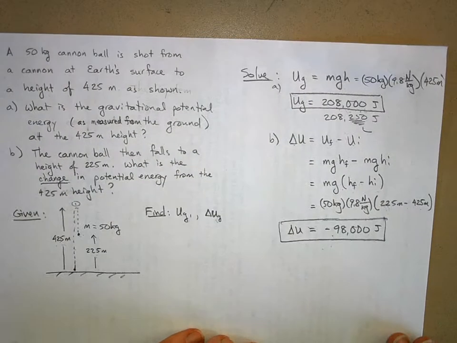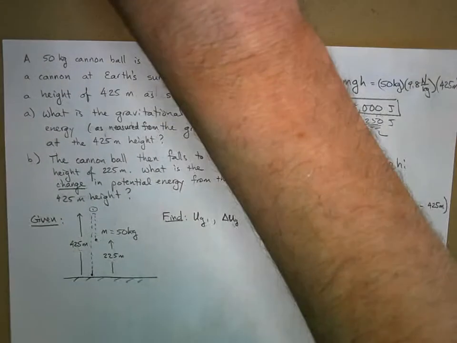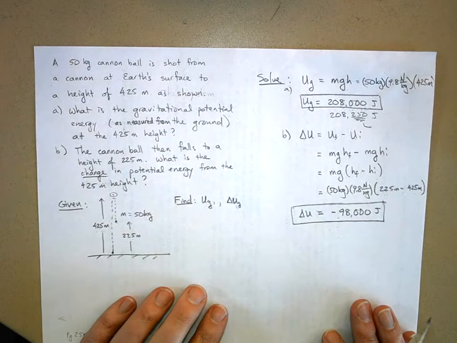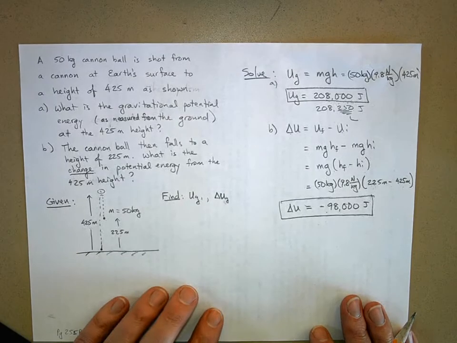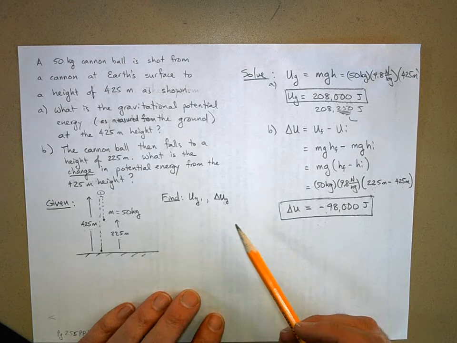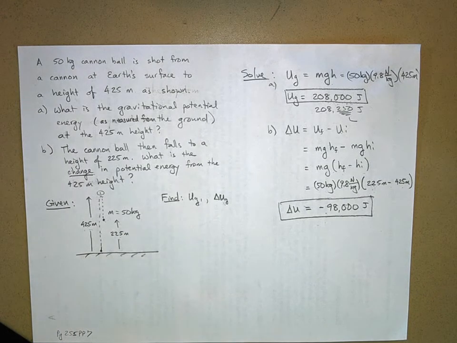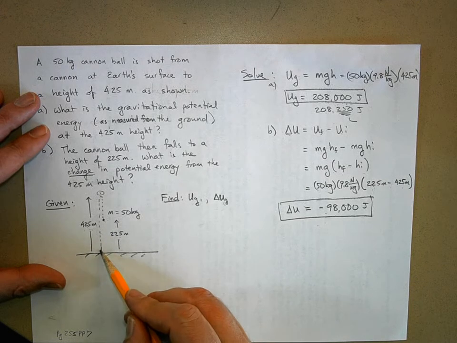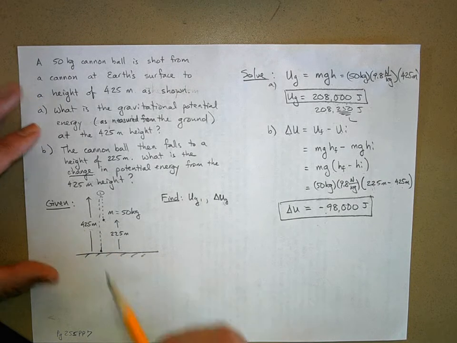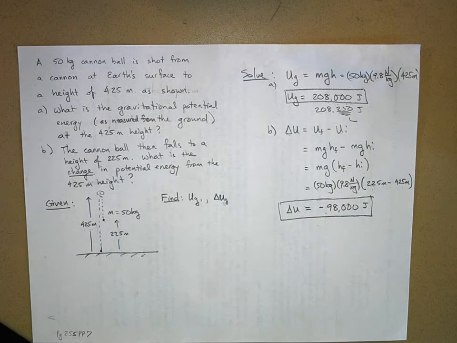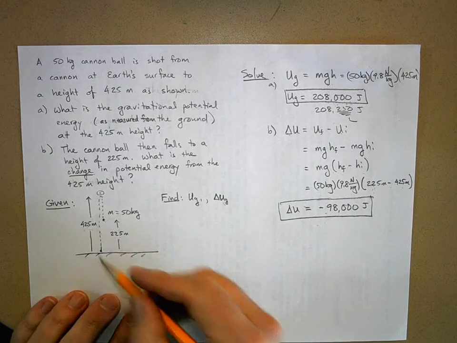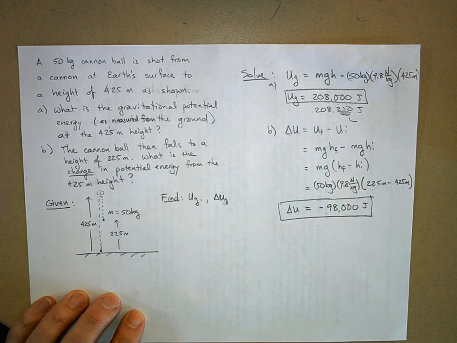So let's zoom all the way out. Now, what's the big deal here? The big deal is gravitational potential energy is the work that gravity can do if you release it. So, look, you shot a cannonball up here. Where did the energy come from? It came from the chemicals in the gunpowder, releasing that energy, pushing the ball up, did work on the ball.